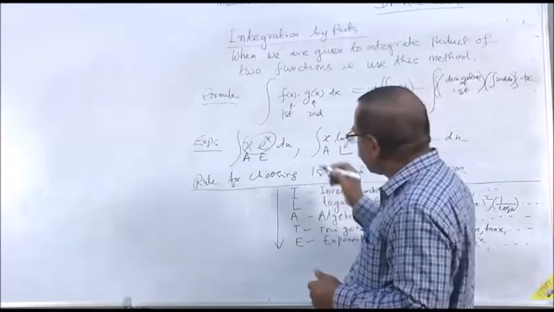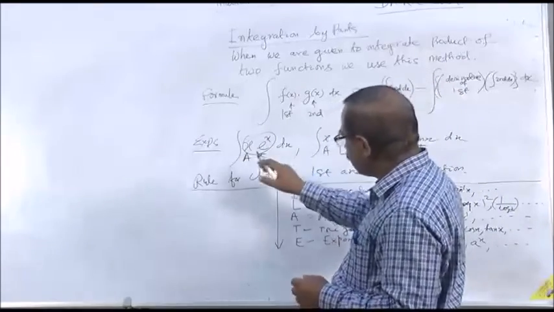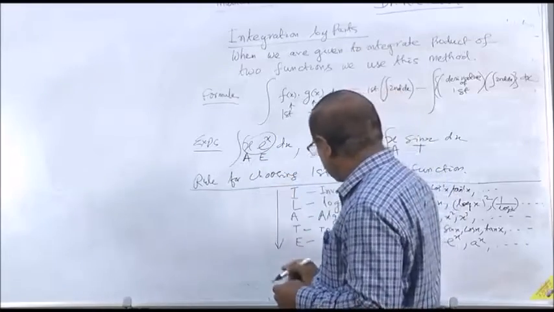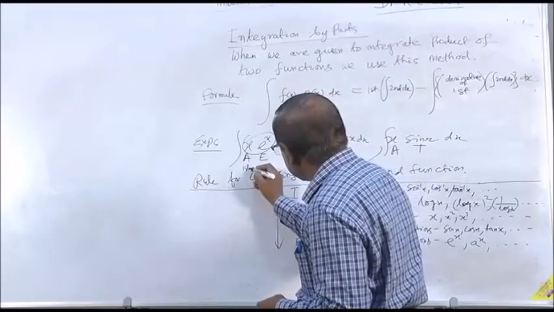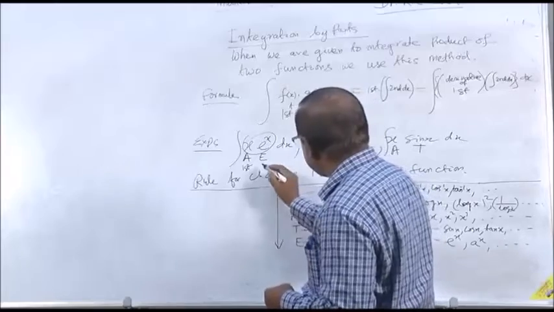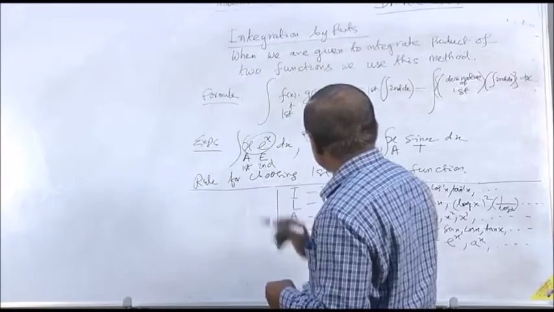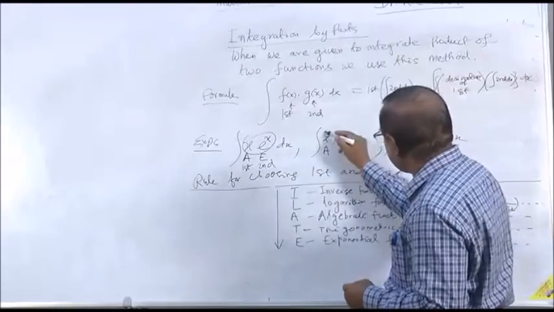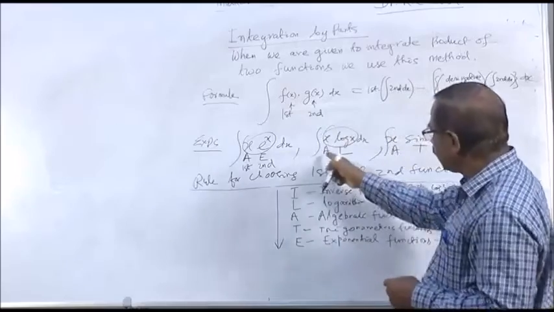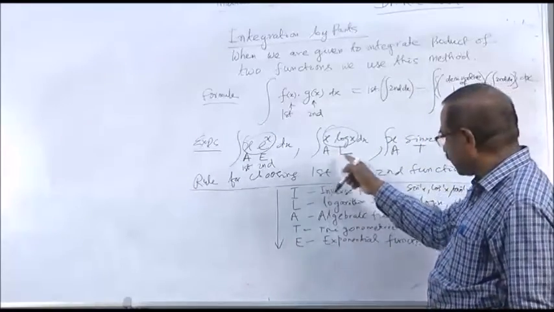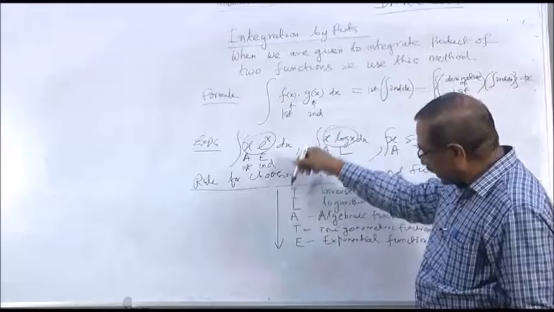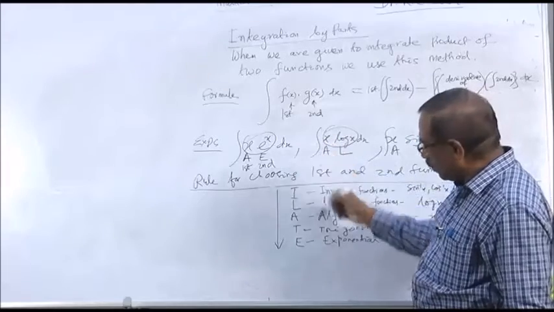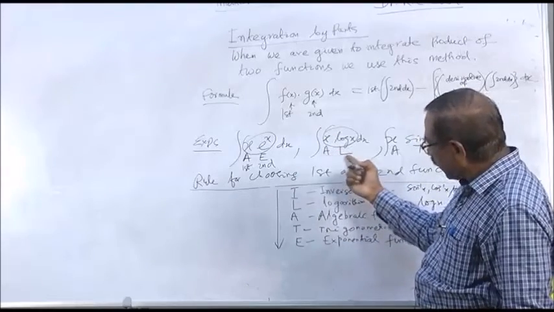You see here, in this question, the algebraic function is first, so this should be treated as the first function, and the exponential should be treated as the second function. You come to this question: here it is algebraic and here is logarithmic. We are moving from this side along the arrow. Does A come first or L come first?